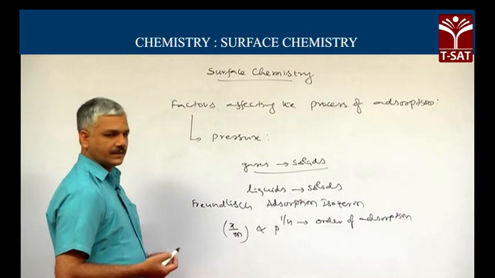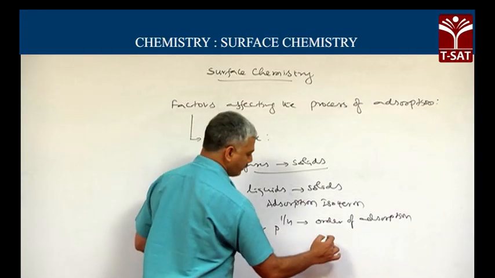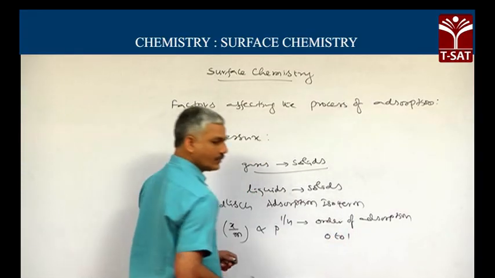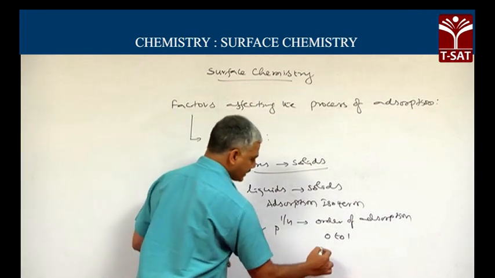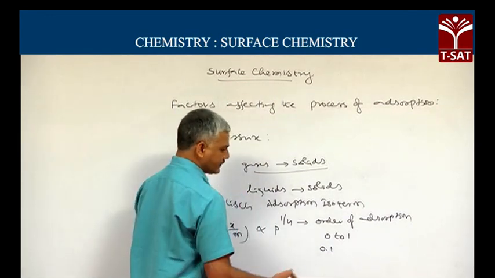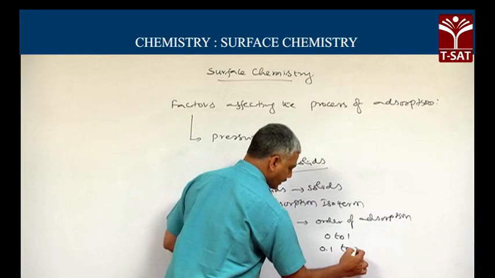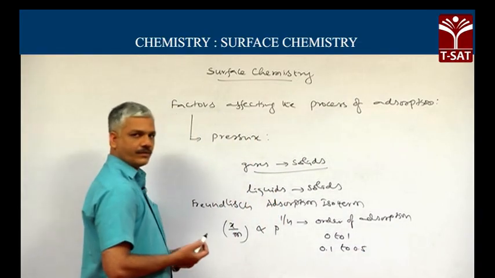Theoretically, the value of n can range anywhere between 0 to 1, but practically the observed values for n are 0.1 to 0.5.